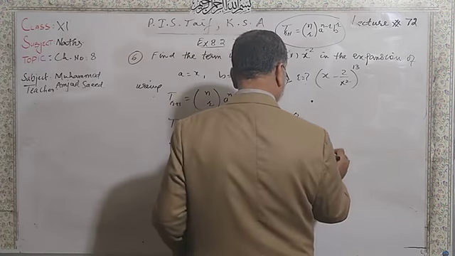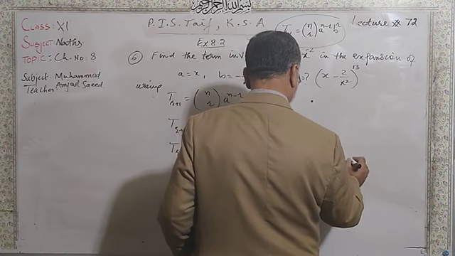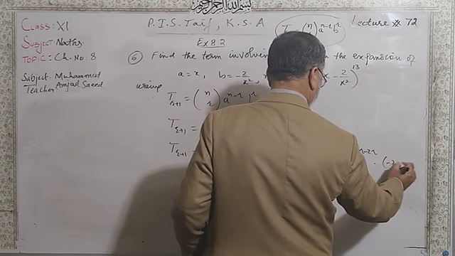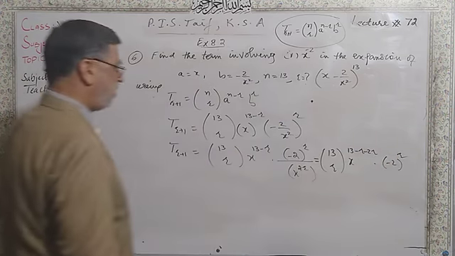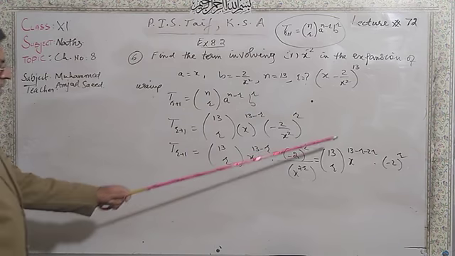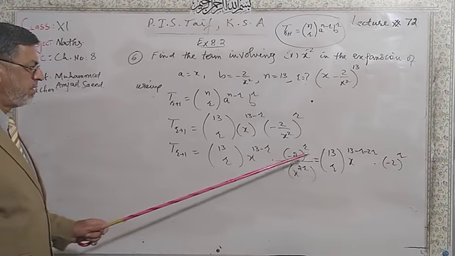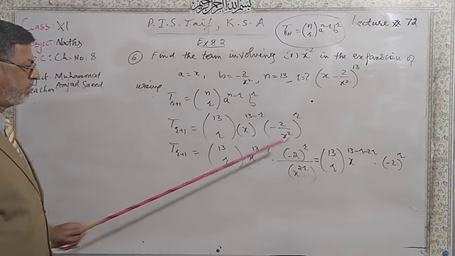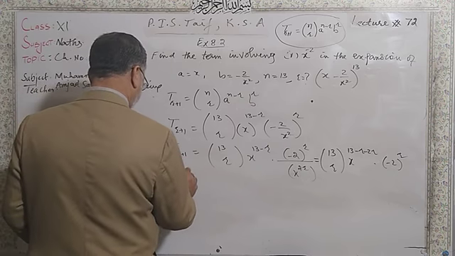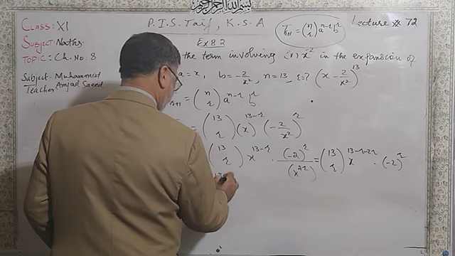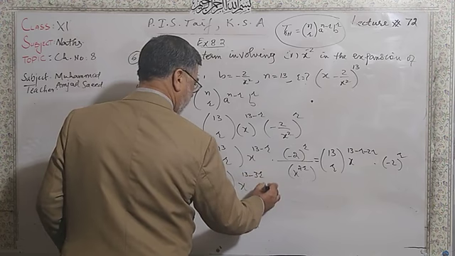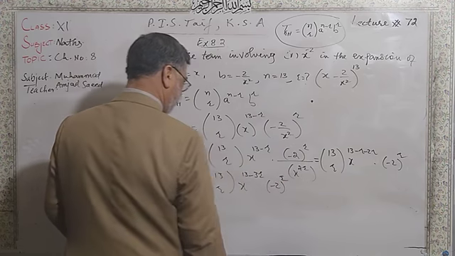So we can have 13Cr, x power 13 minus r minus 2r, minus 2 power r. Its power will be subtracted from this x power. T(r+1) is 13Cr, x power 13 minus 3r, minus 2 power r.